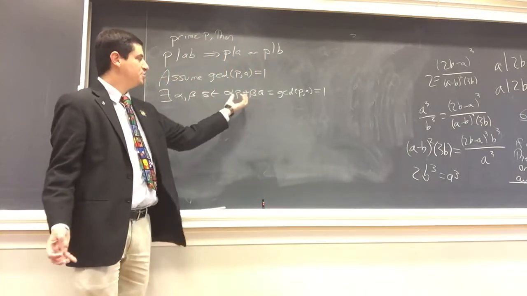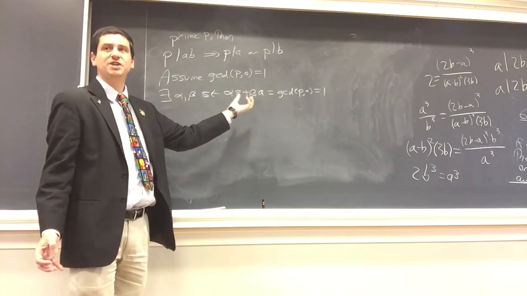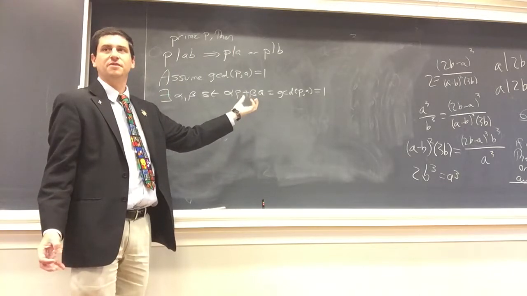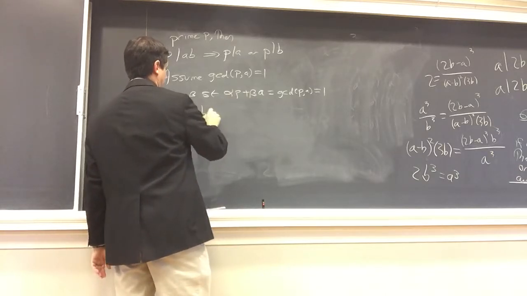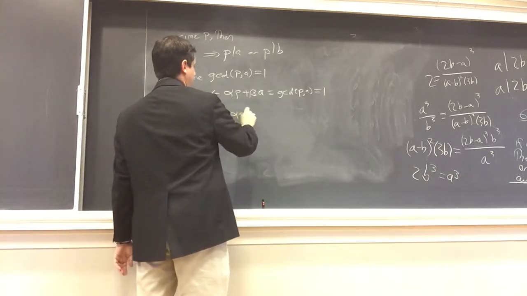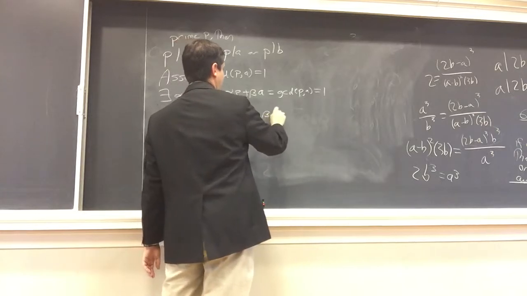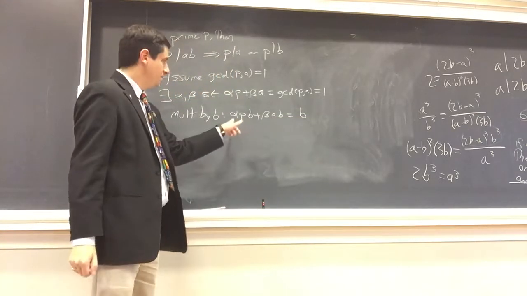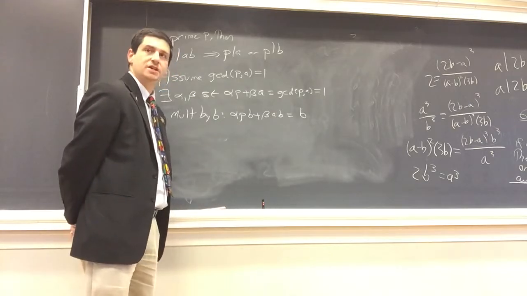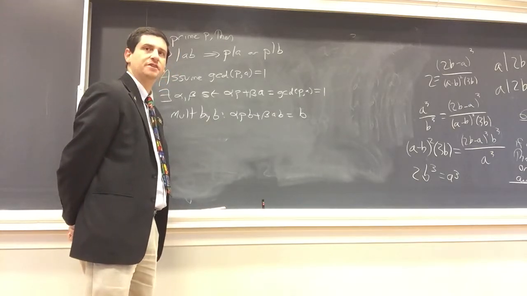We have this beautiful expression here. What should I multiply both sides by? B. If I multiply by B, you get alpha PB plus beta AB equals B. Does P divide the left-hand side?